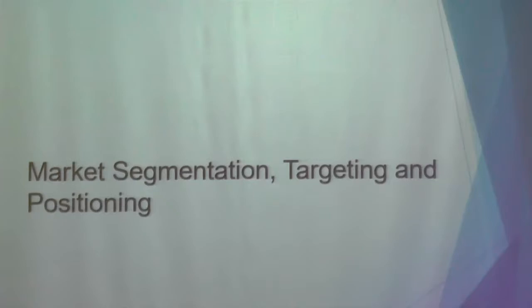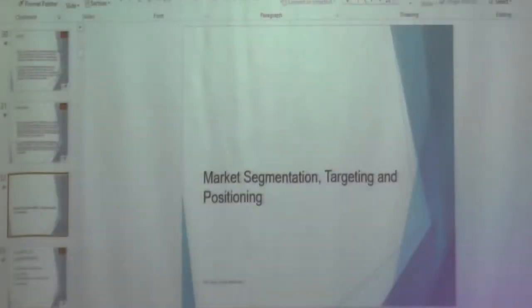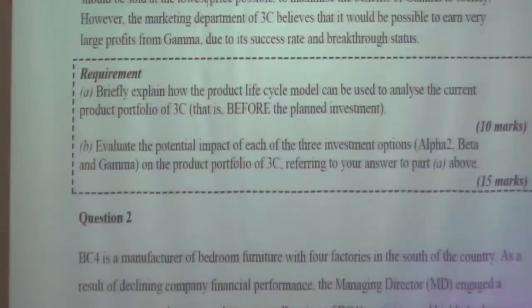It's on the first page, showing what we are hoping to do in this program, for a person who is joining today. And question number 2 is on segmentation, targeting and positioning, which is an interesting topic to discuss.